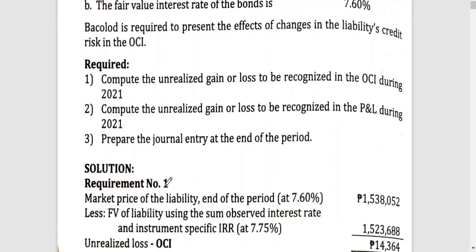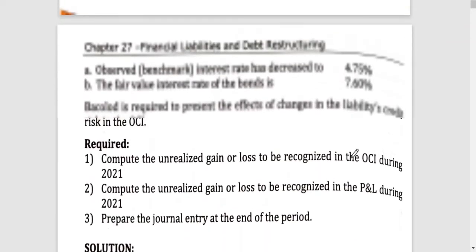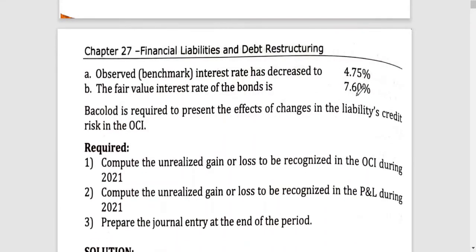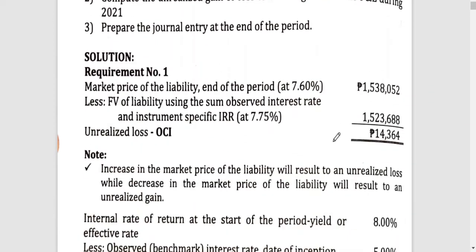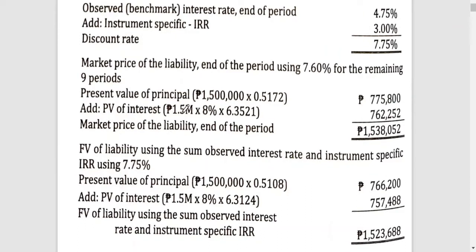We have to get the market price of the liability at the end of the period at the fair value interest rate of the bonds, which is 7.60. So we have the breakdown below. Compute the present value of the principal, that's 1,500,000 times 0.5172.